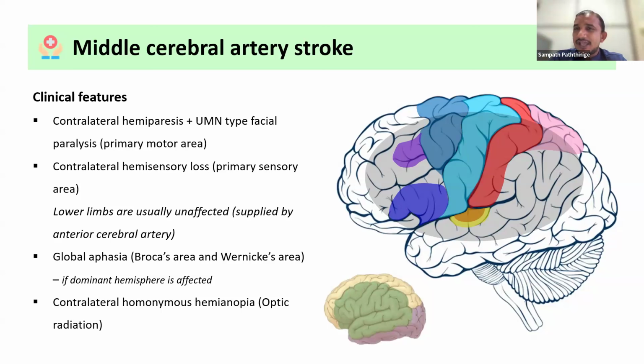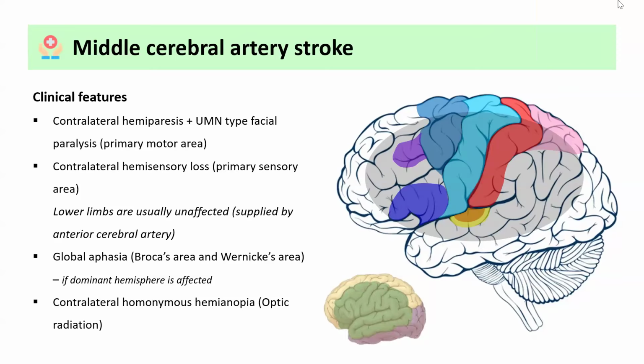I just forgot about the leg because the leg will not usually be affected by the middle cerebral artery occlusion. There can be a little bit of extension into that area as well. And this causes some expressive language defects. So this is very likely to be the superior branch of the middle cerebral artery, right? So that would be the answer to your question.